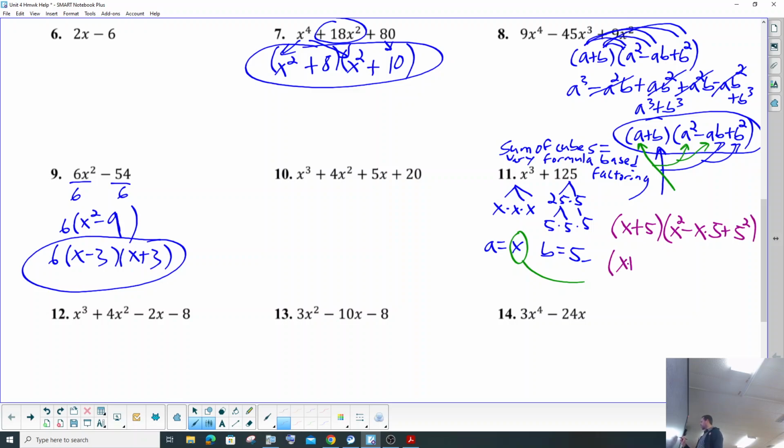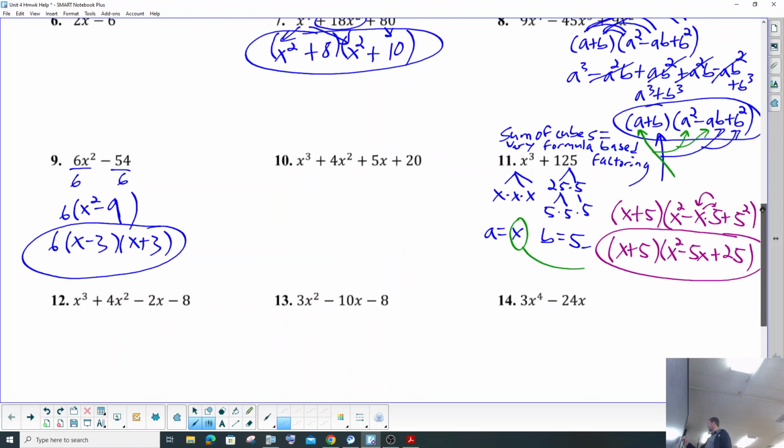So then our final answer is x plus 5 times x squared minus 5x plus 5 times 5 is 25. I just switched the order on those, basically. So minus x5 is minus 5x. And that is our factored answer.